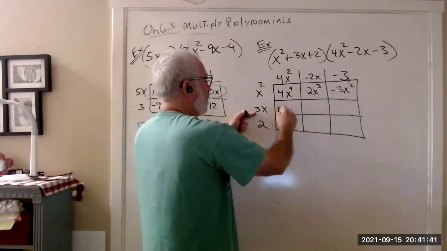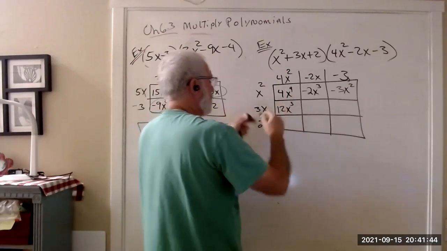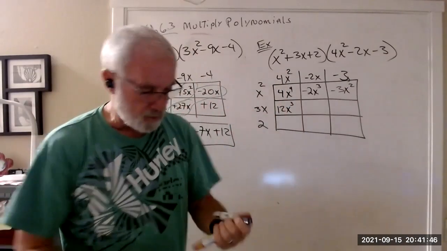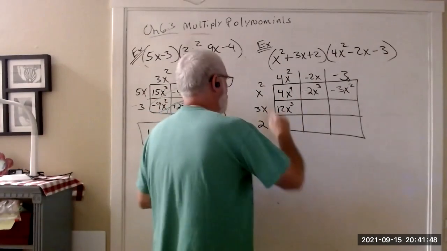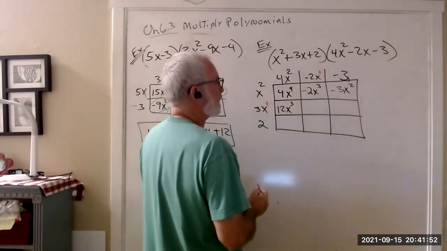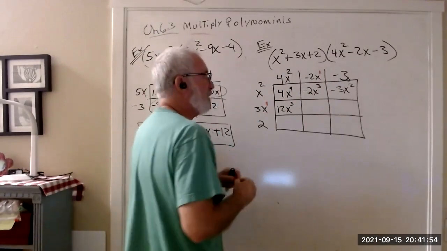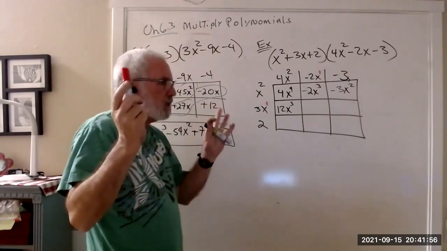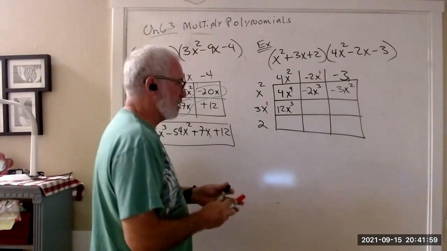So that gives me 12x to the third. Remember, when we say 3x, there's an implied 1 there. Or negative 2x, there's an implied power of 1, if you need it. If you don't need it, you don't have to write it. That's up to you.